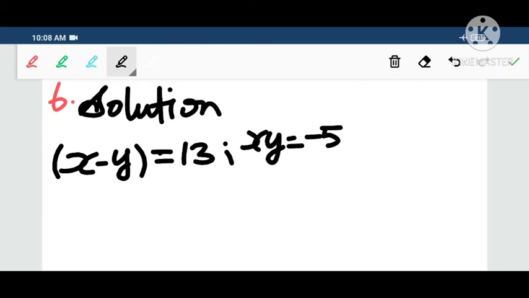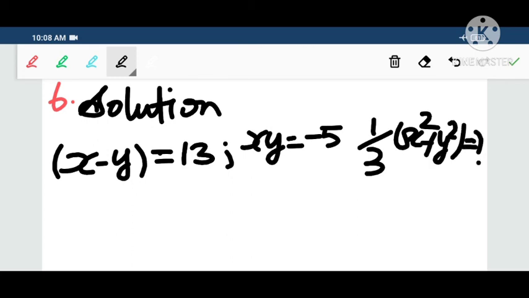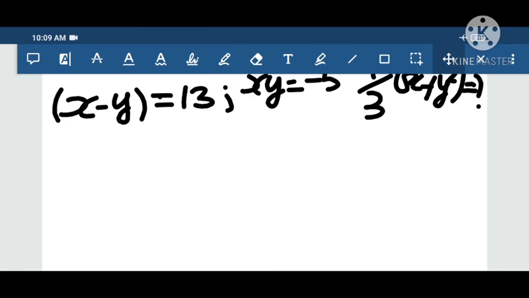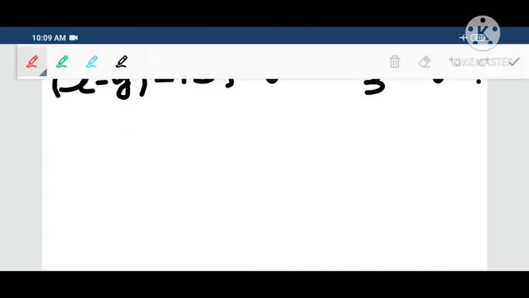And what do we need to find out? We need to find 1 by 3 into x square plus y square. Before finding that, we are supposed to find x square plus y square by using the identities x plus y the whole square and x minus y the whole square. So first we see x minus y the whole square.